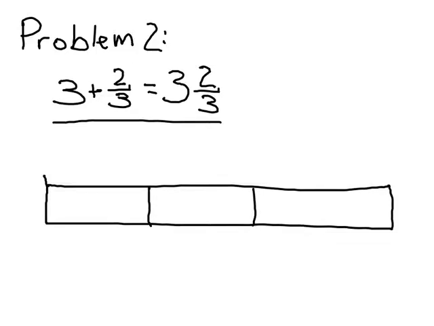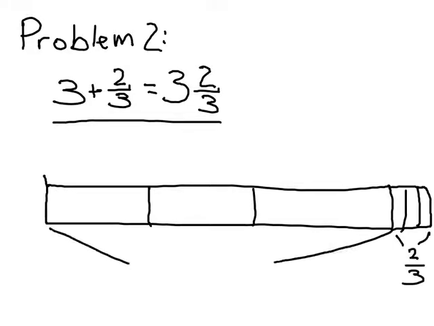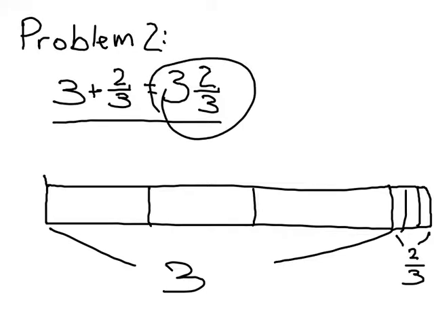Now we're going to take 2/3, and here's our 2/3. So this is 2/3, and this is 3, and if we add them, we end up with 2 and 2/3. Pretty straightforward if you diagram it out.